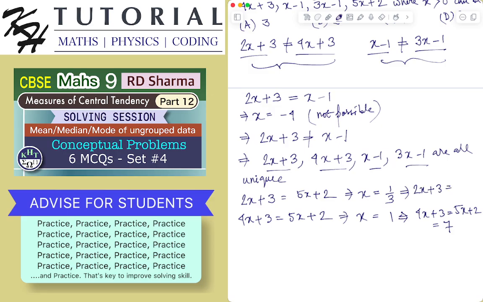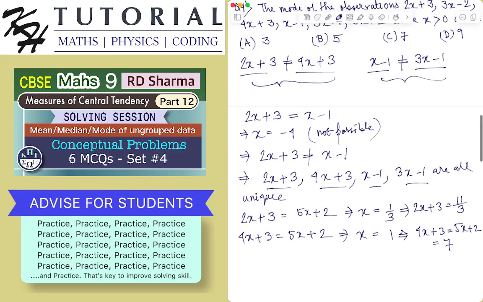In this case, we will also have two occurrences of an observation whose value will be 2x plus 3, where x equals 1 by 3, which is 2 by 3 plus 9, that is 11 by 3. But 11 by 3 is not in the given choices. All the given choices are integers.